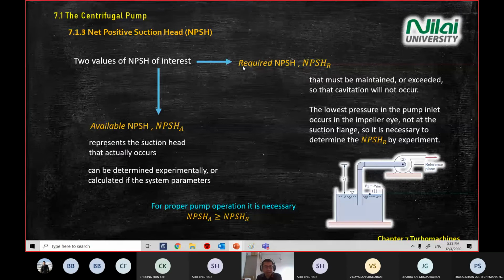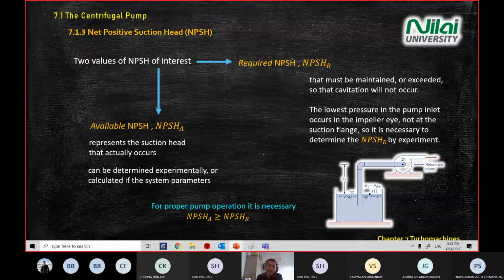So again, this is also important when we try to test your understanding. What is the NPSH value? Okay, explain why that value cannot be used, or explain why a certain value is reasonable, or how you improve it, and then you need to suggest how to improve that one.